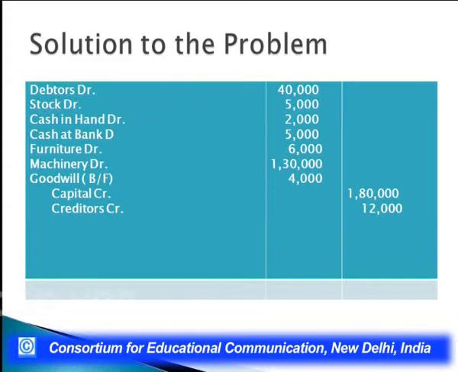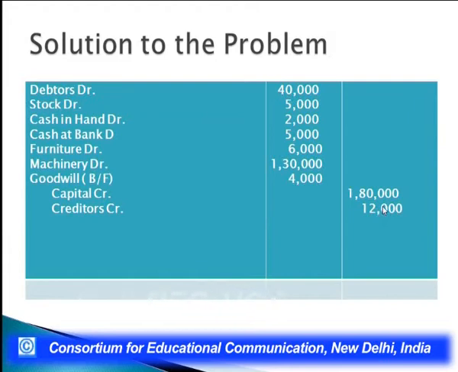So the opening values given for assets and the opening values given for liabilities make a difference. If your credit value is more than the debit value, this would be goodwill. If your debit value is more than the credit values or liabilities, this would be capital as a balancing figure, right?